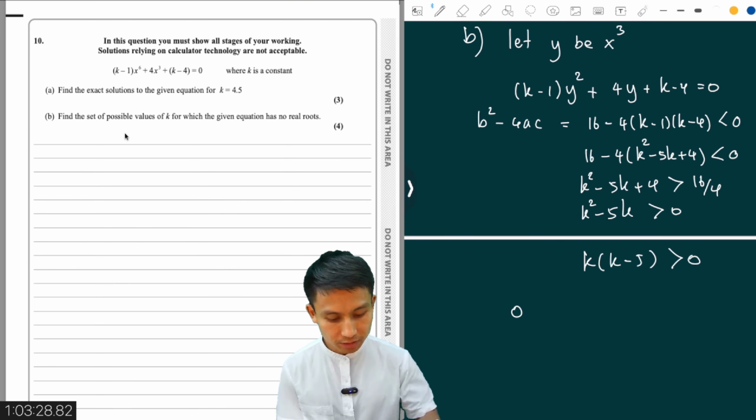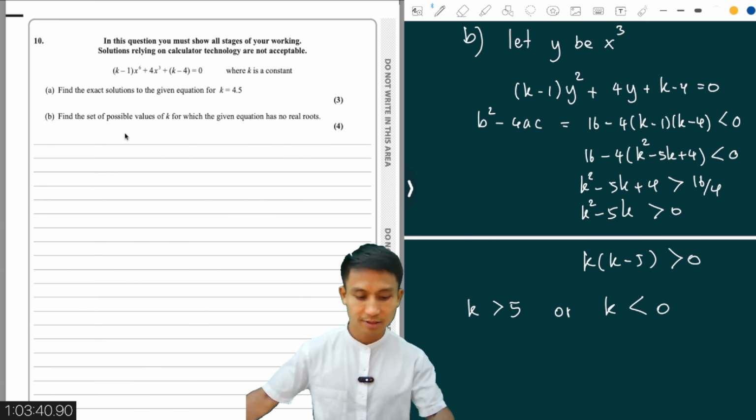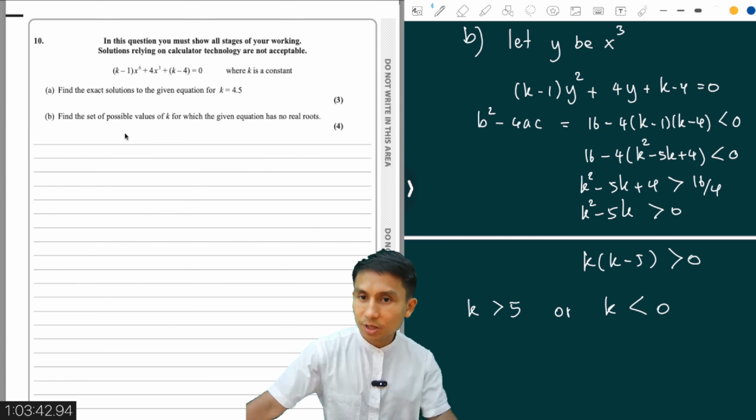So yeah, it's just 0 and 5, right? And then oh no, this is greater than sign, so it's k greater than the larger one, or k smaller than the smaller one. Yeah, that's probably it.